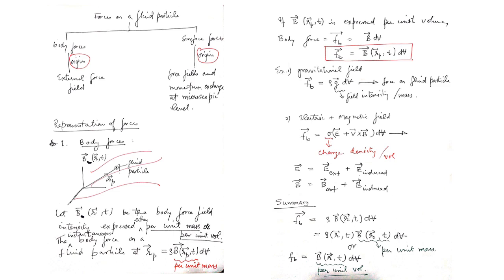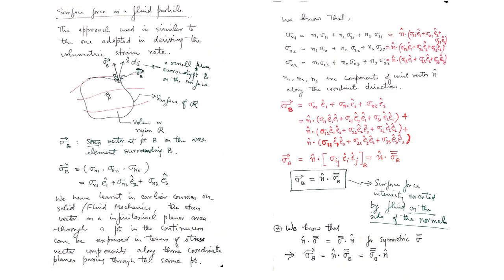Okay, so we move on with the surface forces now. Right, so in order to express surface forces on a fluid particle, the approach used is very similar to the one adopted in deriving the volumetric strain rate. What was that approach? If I were to remind you, first you consider a finite material region surrounding the fluid particle of interest.